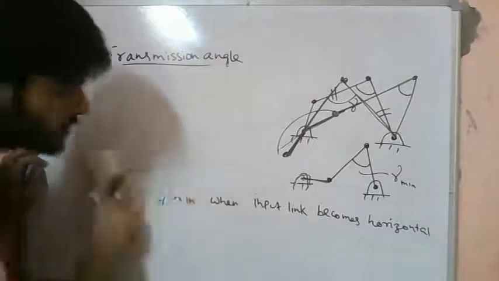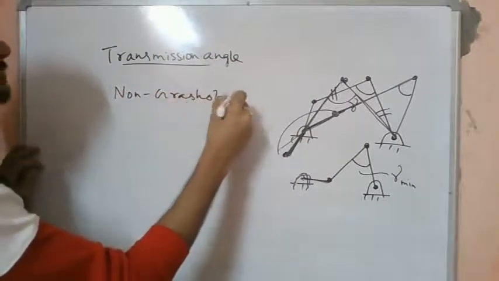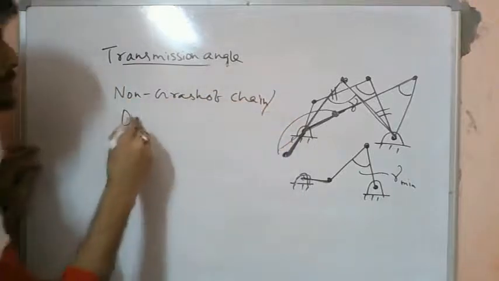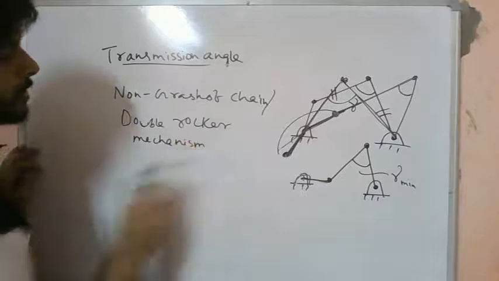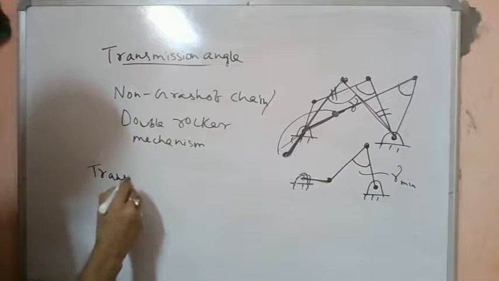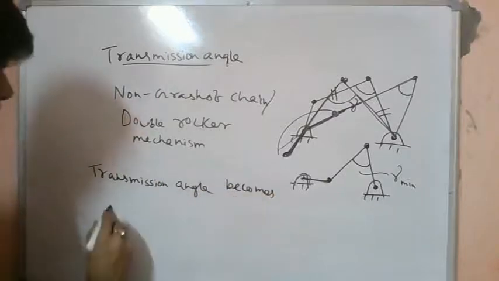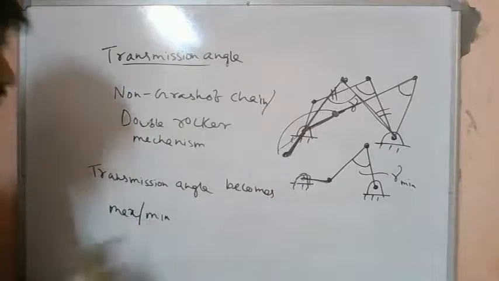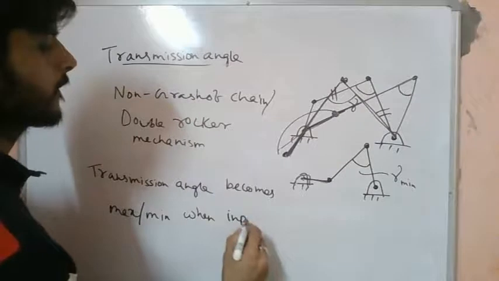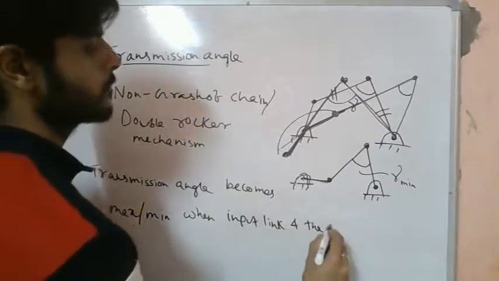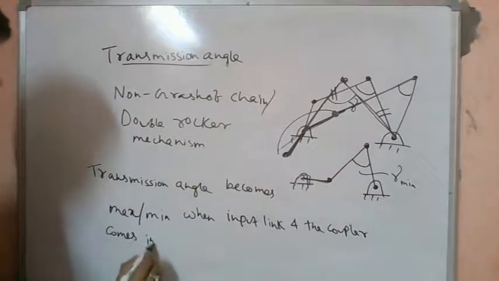Now if we have a non-Grashof chain or an oblique double rocker mechanism, for such a case, the transmission angle becomes maximum or minimum when the input link and the coupler come along the same straight line.